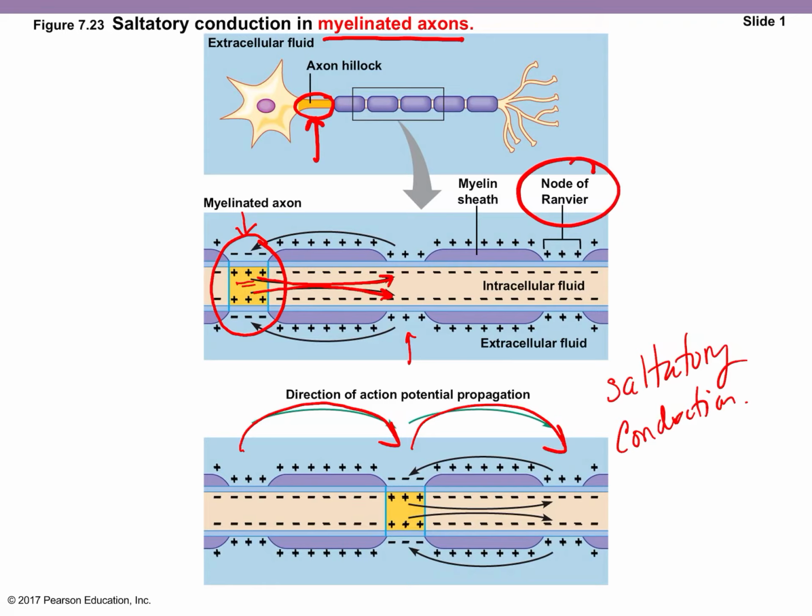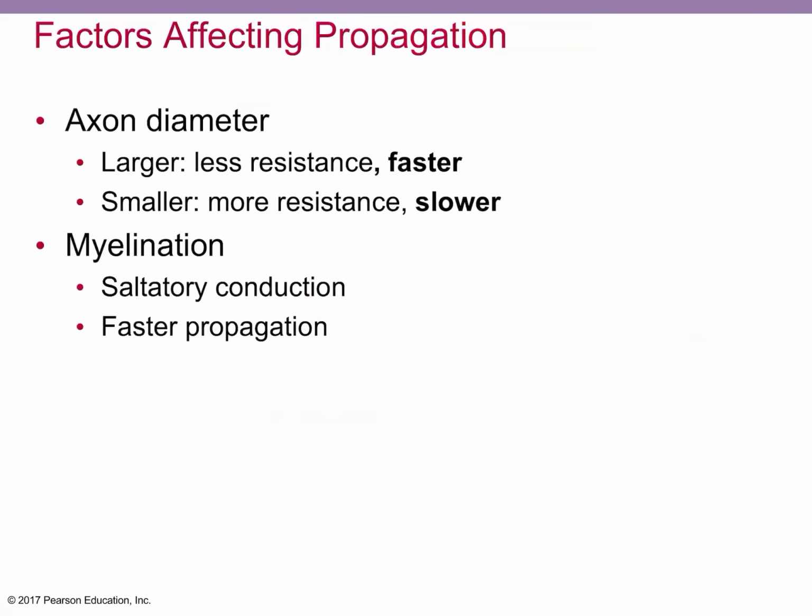Okay, so for messages that need to be sent very, very quickly, most of the time the axons will be myelinated. There are all different kinds of neuron cell types, and there's a table I'll show you. Another factor affecting propagation is the diameter of the axon.